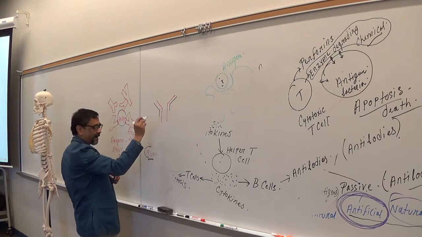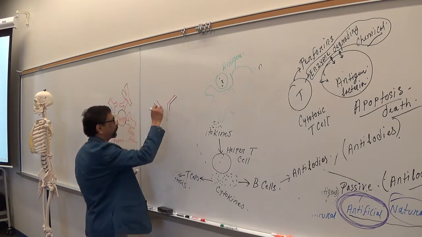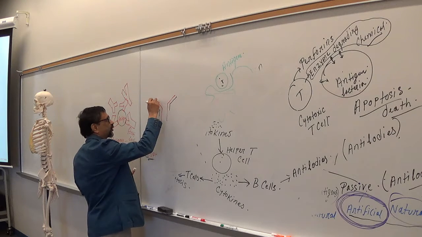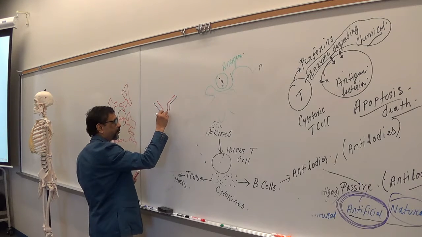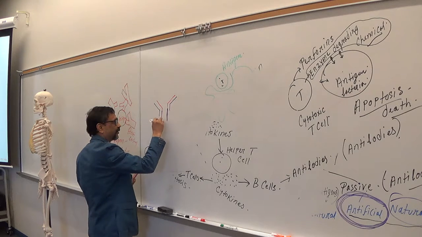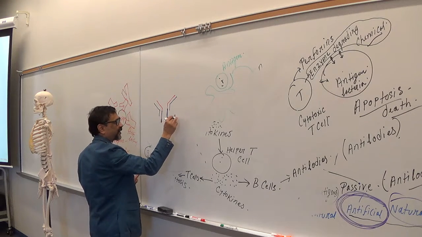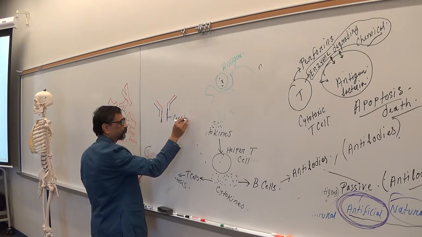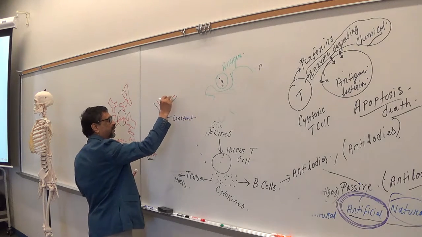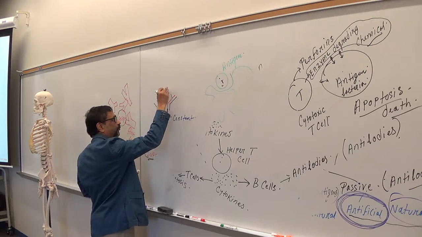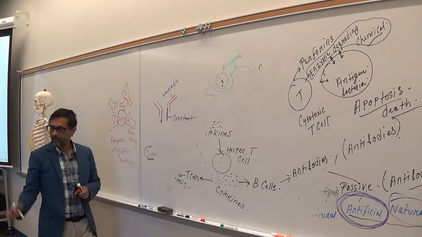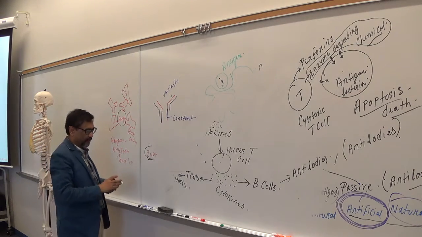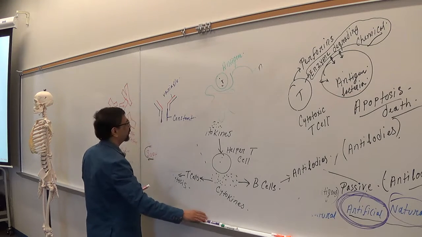Both heavy and light chains have two parts. One part is called constant or fixed part. For example, this part of this one is fixed or constant, and this part is variable. So each of those 4 chains has constant and variable part.